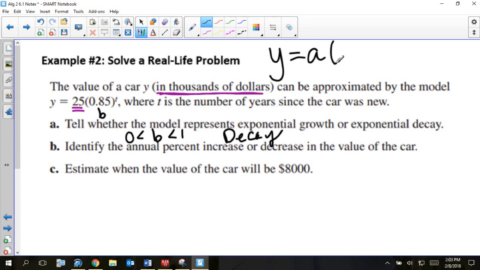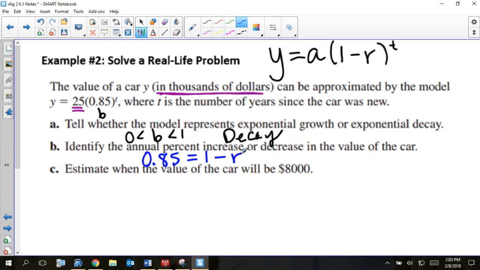So I will use the 1 minus R formula from the decay model. R is going to help us find the percent. Right now, it is not written as 1 minus R. It's written as 0.85. So I have to say 0.85 is equal to 1 minus R.